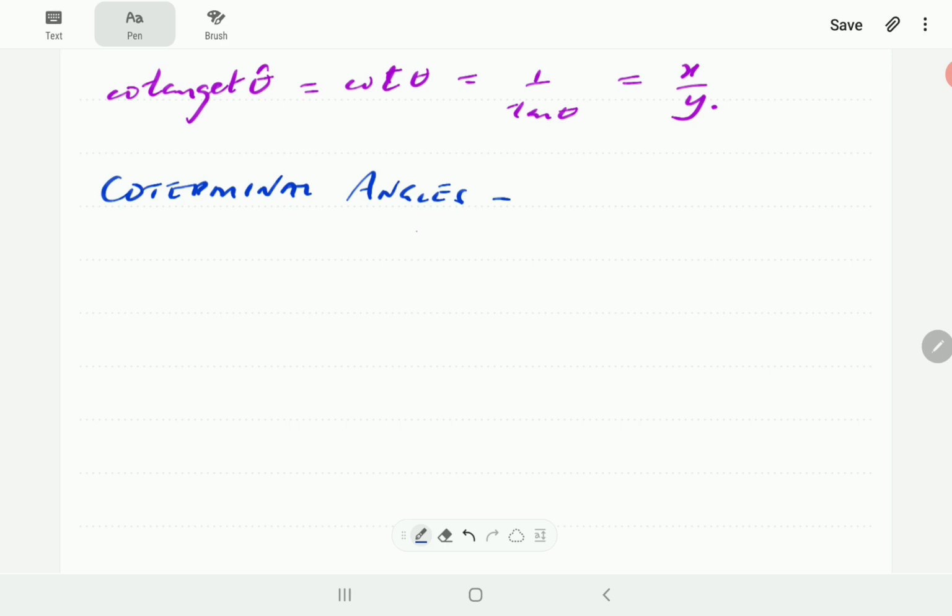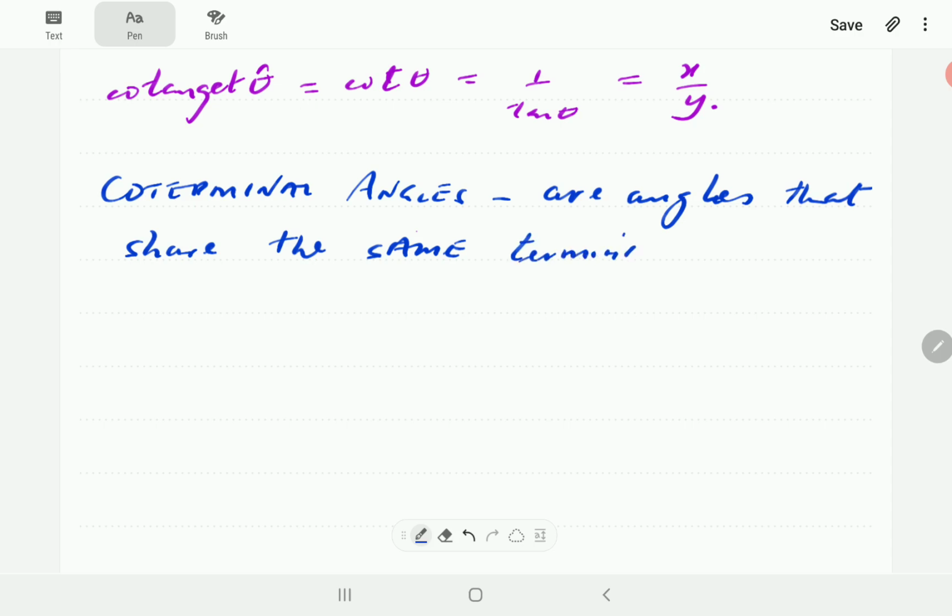These are angles that share the same terminal side. So these are angles that have the terminal side in common.